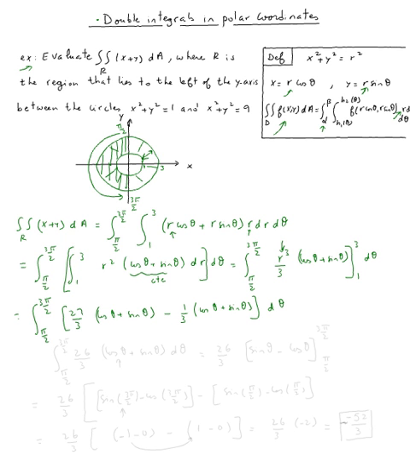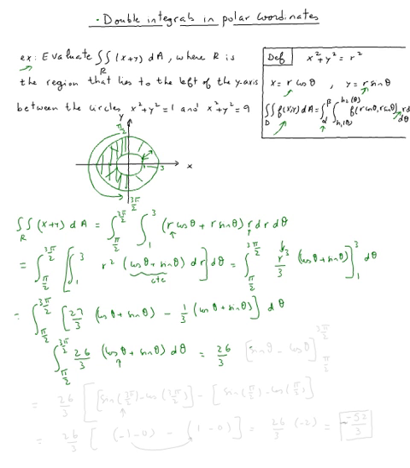Now 27 over 3 minus 1 over 3 would be 26 over 3 times cosine theta plus sine theta, kind of like we factored it, from pi over 2 to 3 pi over 2 d theta. Now 26 over 3, you can leave it outside.